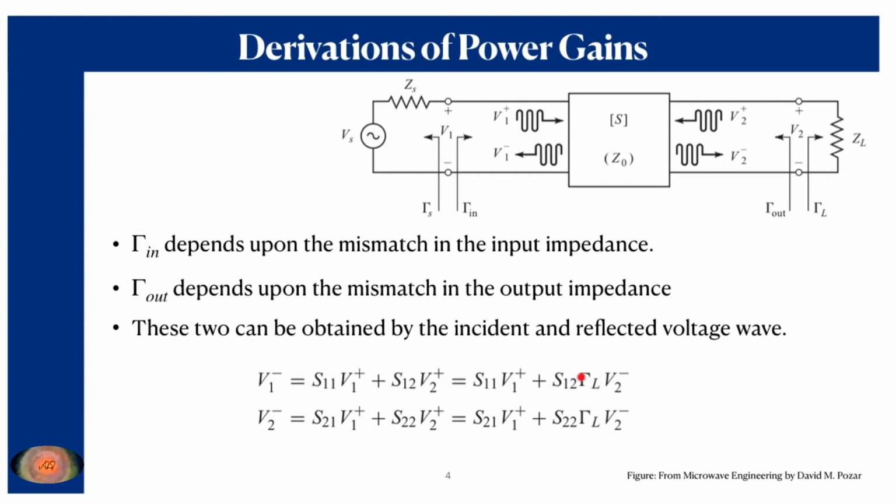Further, gamma L, which is associated with the mismatch of load impedance, causes the reflected wave V2 minus when V2 plus is the incident wave from the output terminal. So the ratio of V2 plus to V2 minus defines gamma L, which has an explicit expression equal to ZL minus Z naught divided by ZL plus Z naught. Already I have shown this in my previous slide. In this equation I have just replaced V2 plus by its own expression.